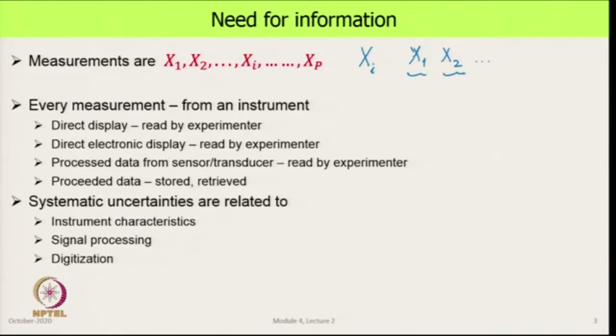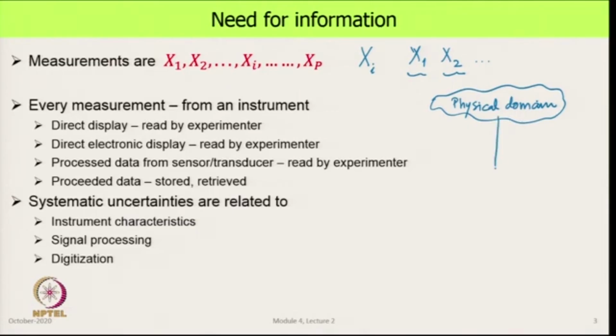So, when we say that we make a measurement of a particular parameter, there are a few things interacting with each other. First, there is the physical domain, or this could be something about which we want to make a measurement.